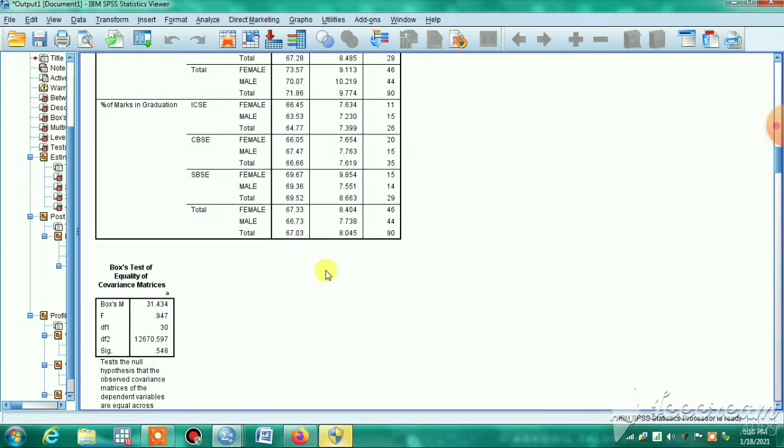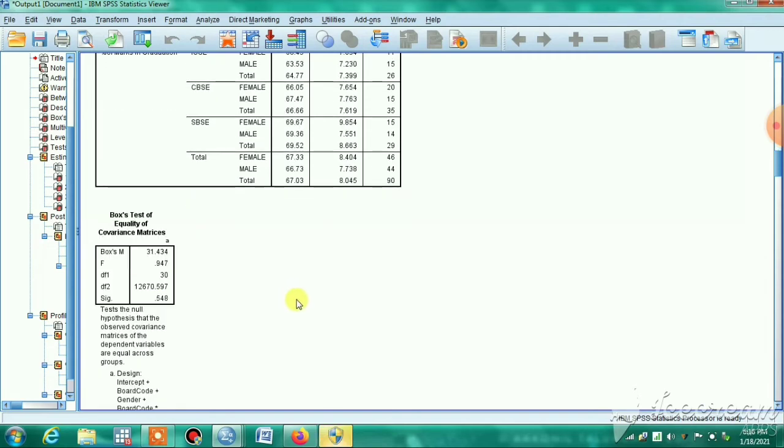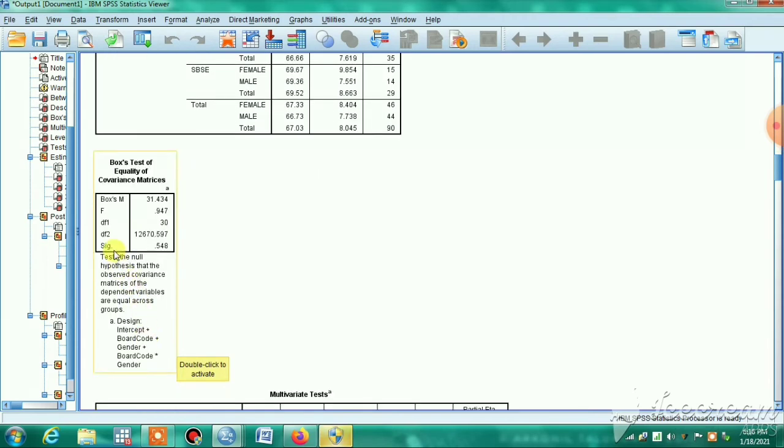Now the important table is Box's test of equality of covariance matrices. This significance should be more than 0.05, so that it is not significant, because significant means we violate the equality of covariance matrices. The test hypothesis is that the observed covariance matrices of the dependent variables are equal across groups.